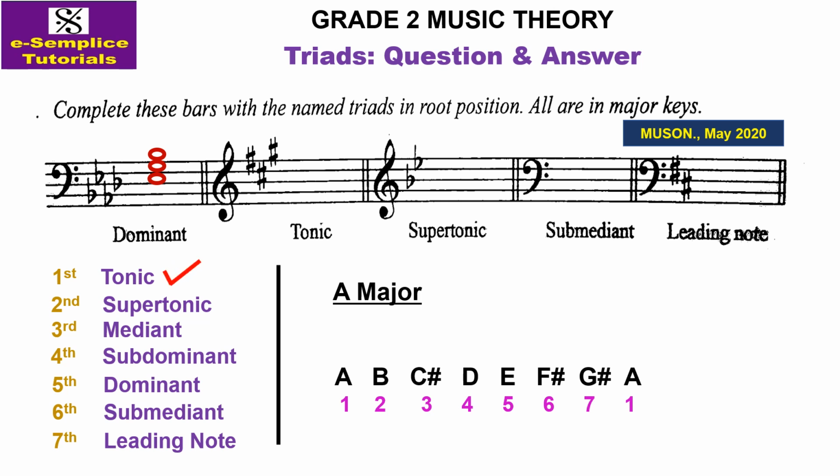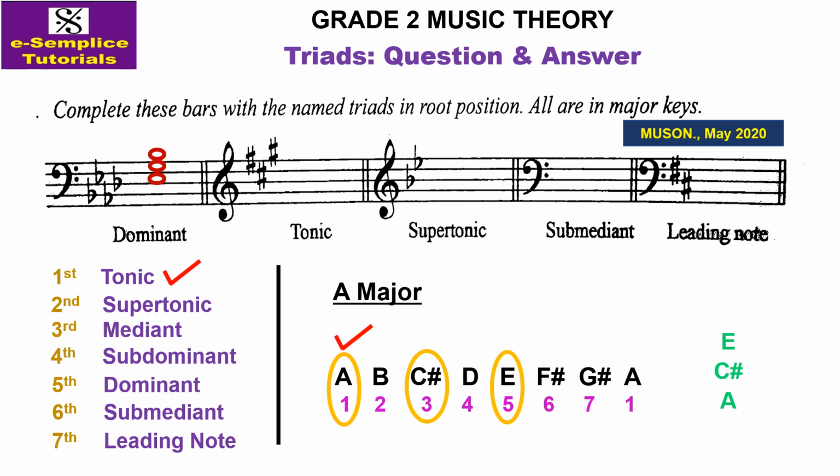We are looking for the tonic triad. That means tonic is the first degree of the scale. So that is going to be your root. A third above it, a fifth above it. Stack your notes. You have A, C sharp, and E.